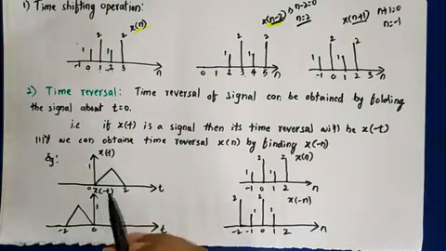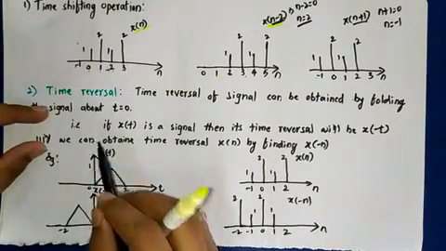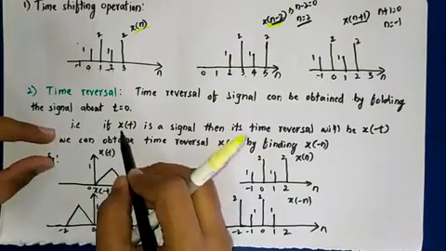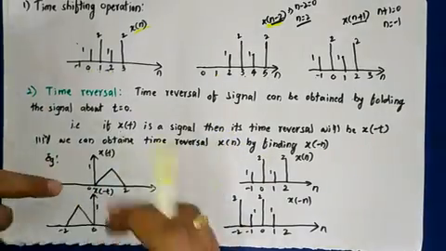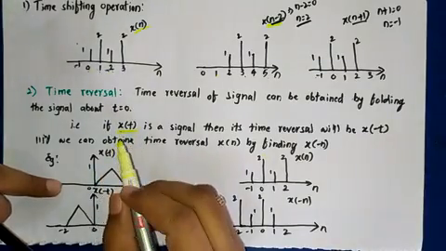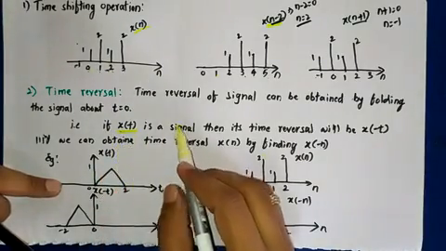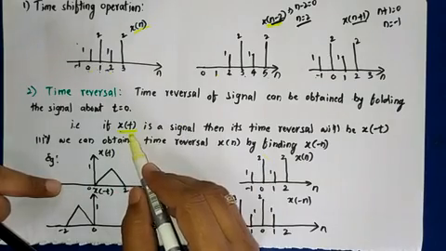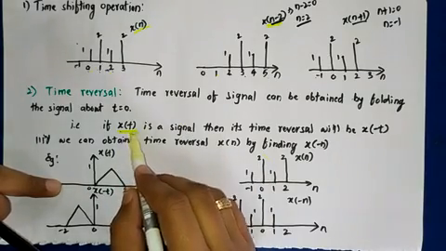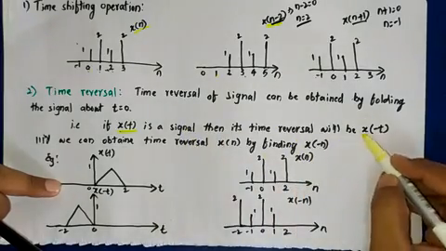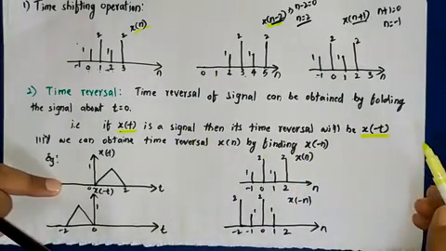So mathematically you can understand this one. If x of t is the signal that has been given, and I want to obtain a reversal of this signal, that means I will be finding x of minus t.